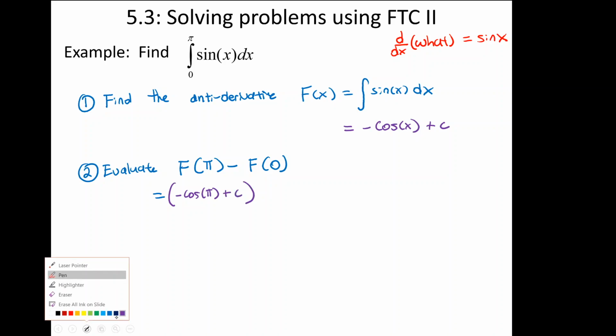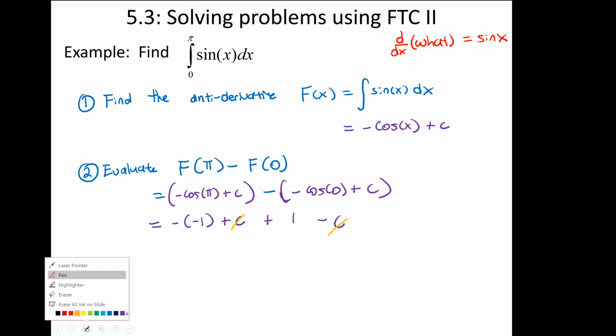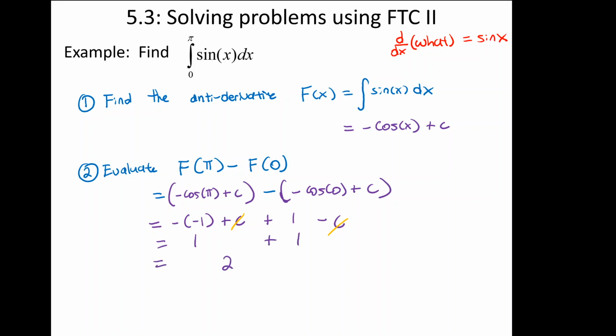And then for the bottom bound, negative cos of 0 plus c. So we get negative 1 plus c minus, cos of 0 is 1, and minus c, the negative travels to the bracket. The plus c and the minus c destroy each other. Negative, negative, so positive 1 plus positive 1. We get 2 as the answer.